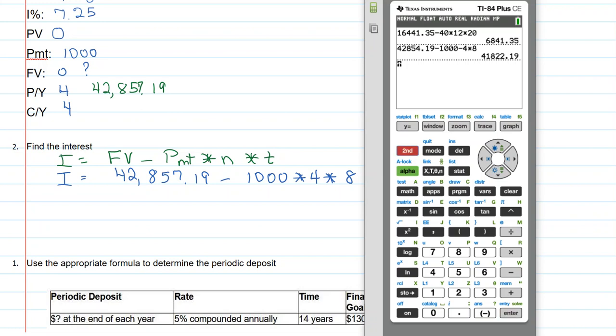Let me do a second entry. I said, that's too big. There we go. That's a times, and it was a minus. I should have checked before I hit enter, and I'm sorry about that. So my I percent is 10,000.